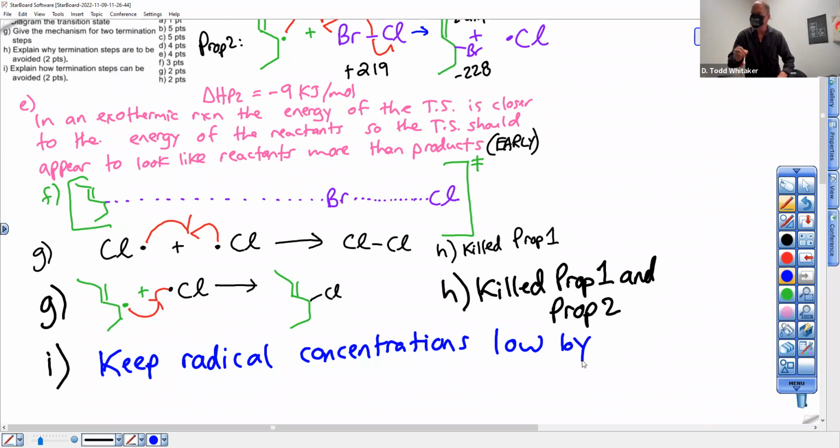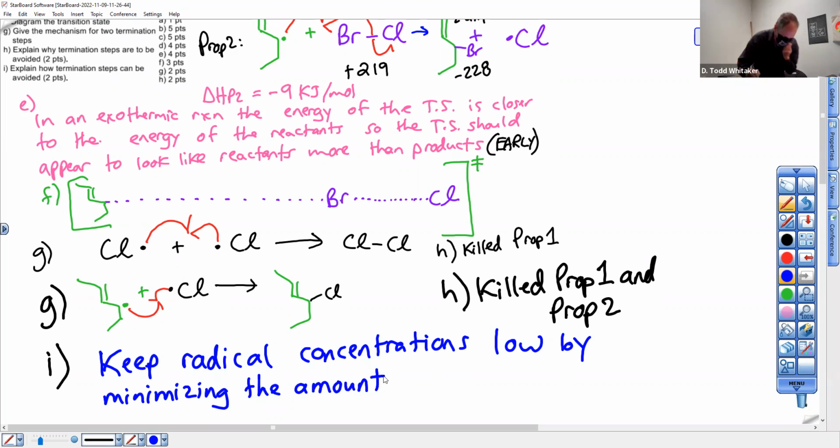Here's the lab part. Minimizing. Now, this one, the translation doesn't work a lot for my foreign students, so I'm trying slightly different wording: minimizing the amount of time that delta is used.